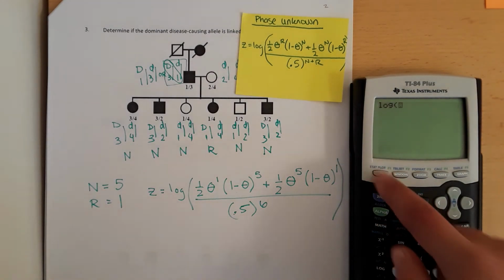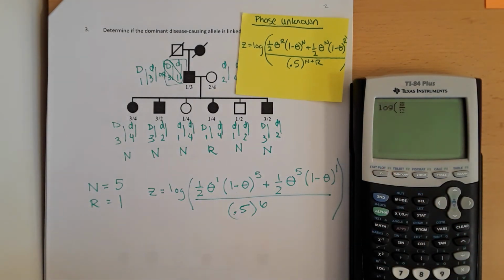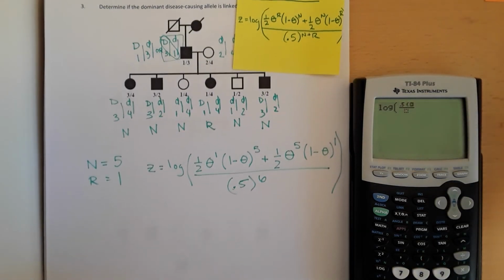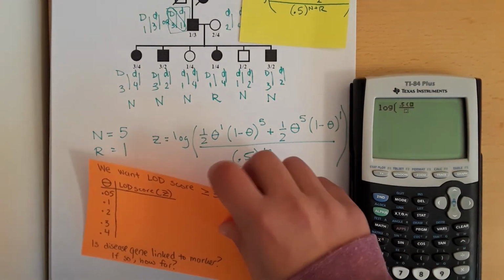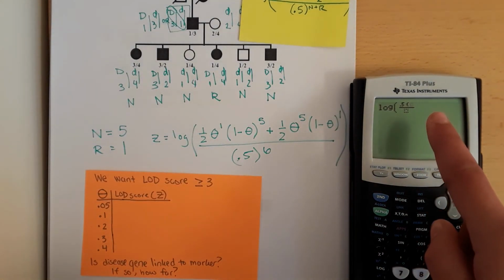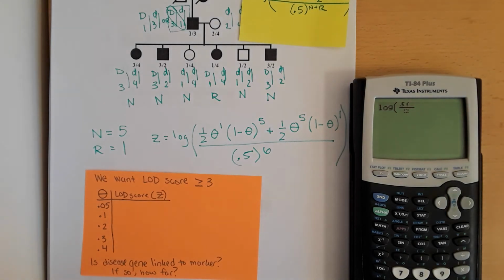So we have the log 0.5, and then again, we're going to be using these values for theta, putting them into the equation, and then seeing if we get the LOD score greater than or equal to 3.